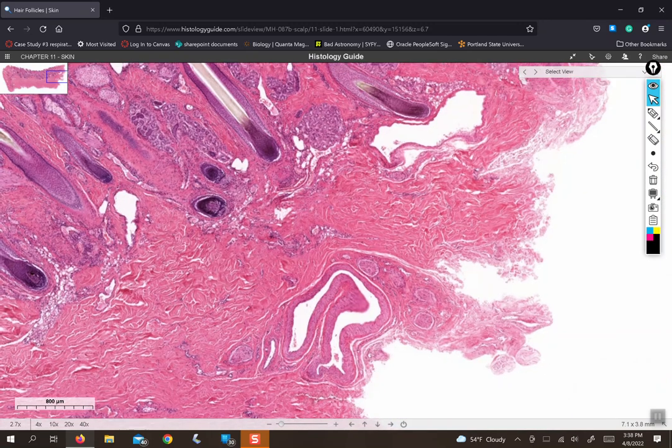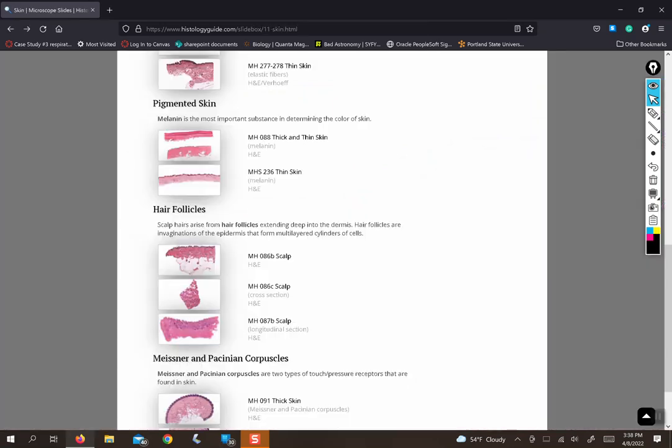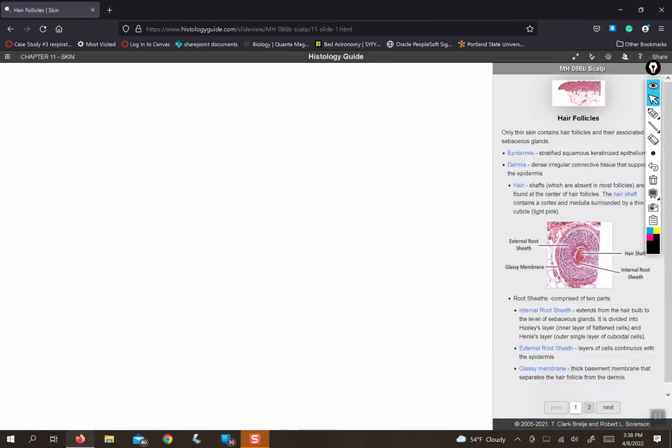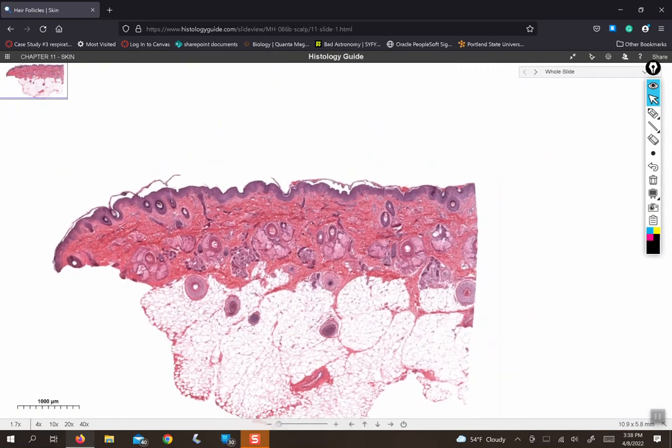So here's another view of scalp. This one has more cross-sectional hair follicles, so you can see there's circles instead of lines, but it does have a really nice hypodermis. So this big layer that's full of fat is the hypodermis.